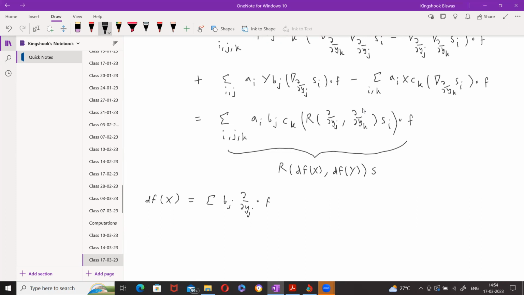So the point is, okay, let me write, say phi is equal to x1 to xn, my coordinates in the domain, and psi is equal to y1 to ym, my coordinates in the range, right?